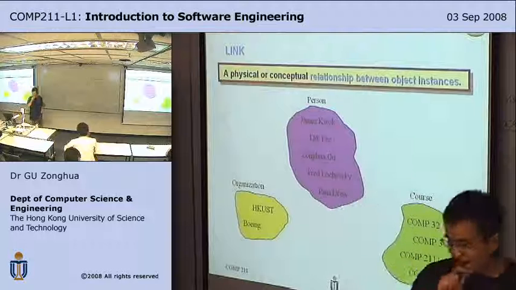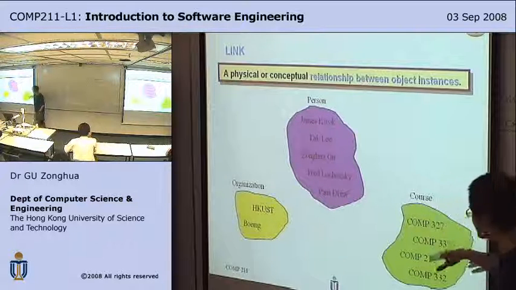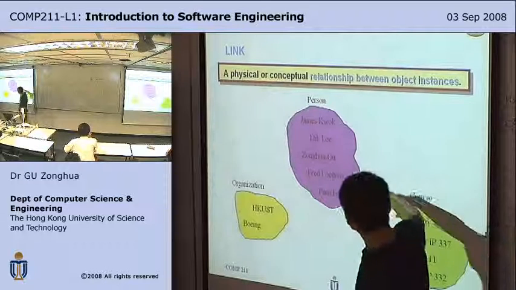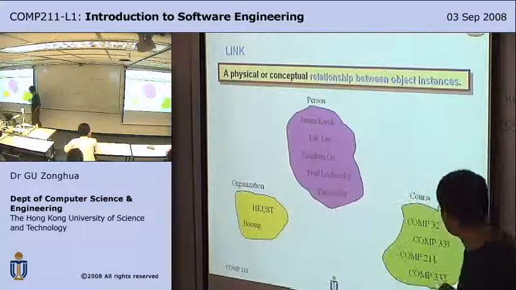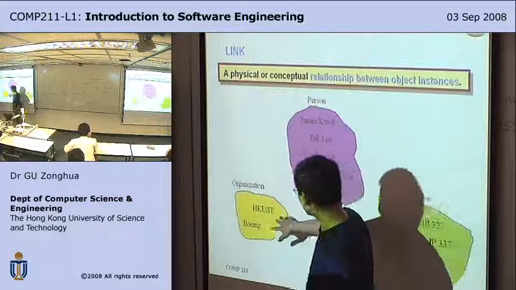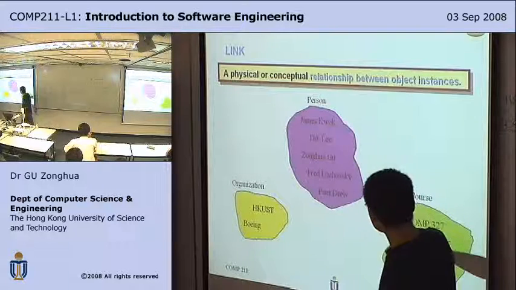So, links. So we have these objects. So, for example, in the course registration, you have persons: professor name, James Kwok, me, Fred Lachowski; courses 327, 337; organizations, HKUST, Boeing. Now, these are not isolated objects.